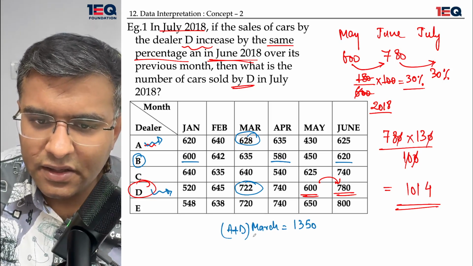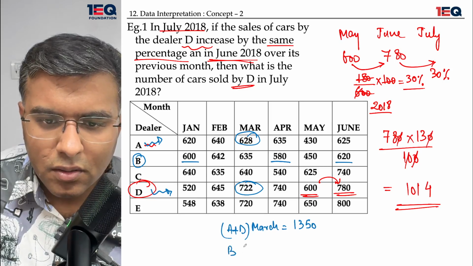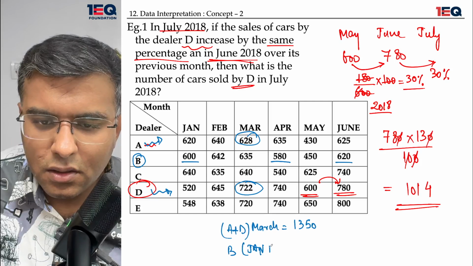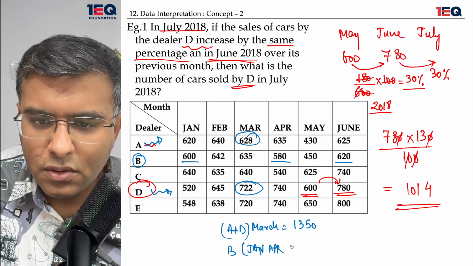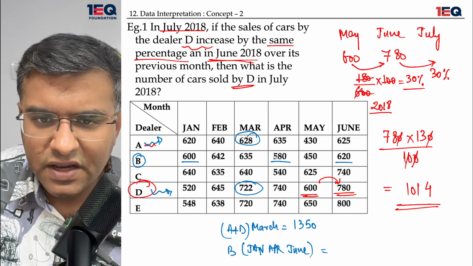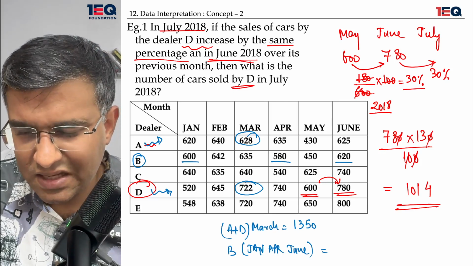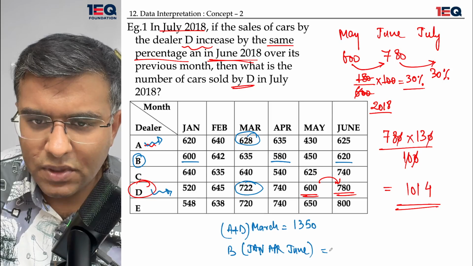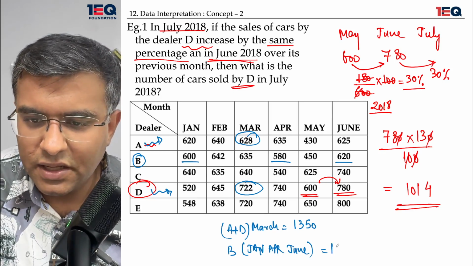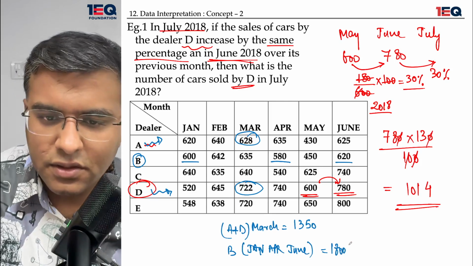Another 100, 1800, okay? B for Jan, April, June. Yeah, 6, 5, 11. 11 plus 6, 17. 17 plus another 100 is 18. So 1800.